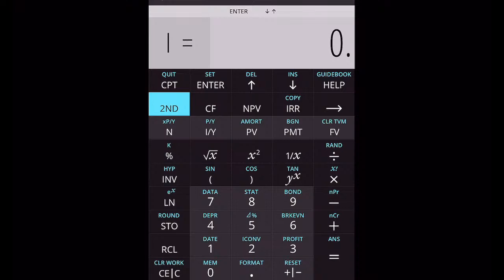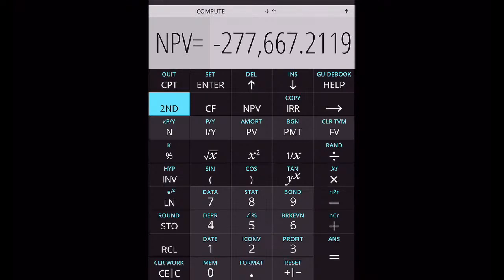We know the interest rate is 8%, so I enter, scroll down, and now it tells me NPV of 0. That's not correct. I have to recompute NPV to get the answer. So it shows me the NPV is a negative, which tells me what? Does anybody know what negative means? Negative 277,667.21.